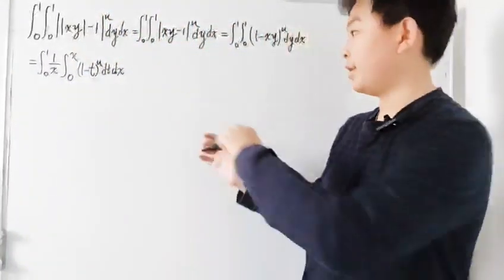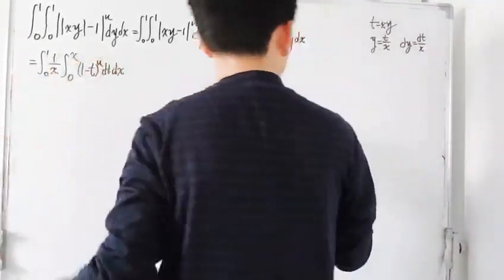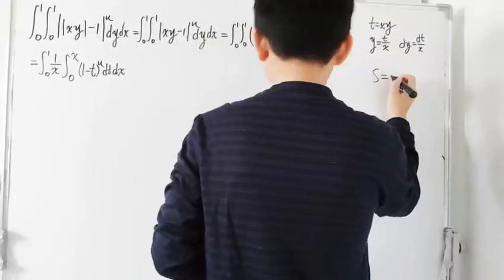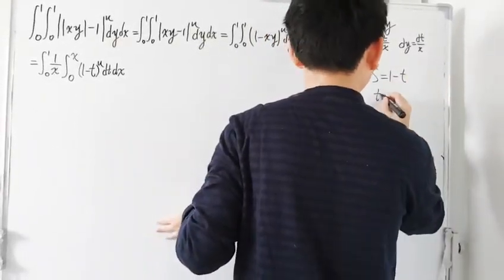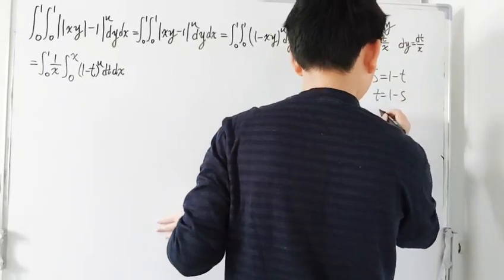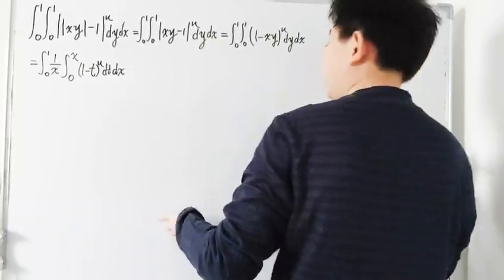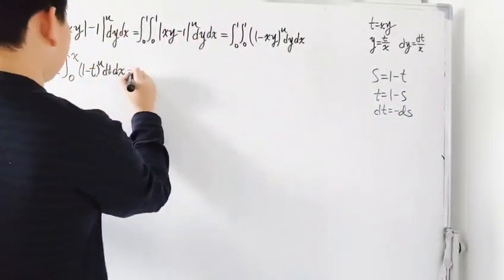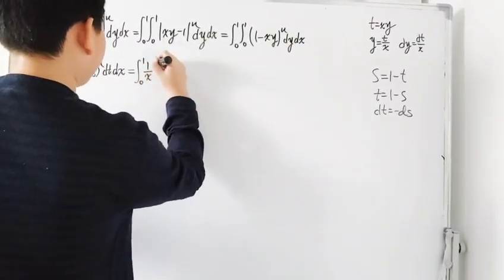Alright, so the next thing we're going to do with this, we're going to actually do another substitution. This time we're going to use s. S is equal to 1 minus t here. We have t equals 1 minus s, and so dt is equal to negative ds. Now the reason we're going to do that is because we don't want this 1 minus t to the nth power, and doing the substitution gives us the bounds of integration.